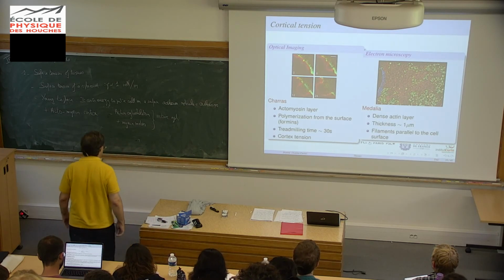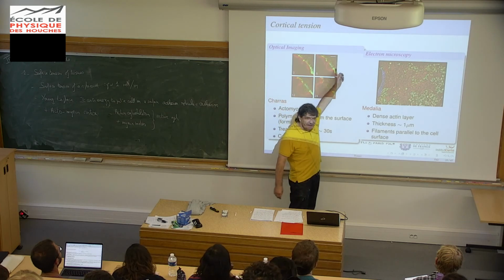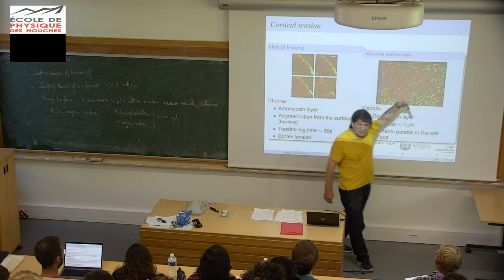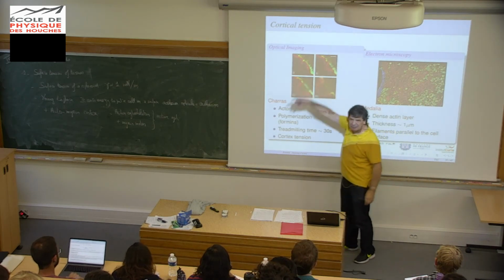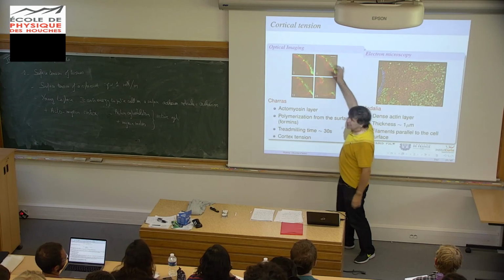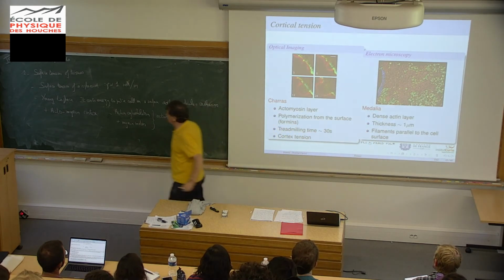But you see that close to the membrane, there is a layer of myosin, and this layer of myosin wouldn't aggregate there like this unless there was a layer of actin. So there is a layer of actin and myosin, a layer of active material close to the membrane, and this is called the cortical actin layer.